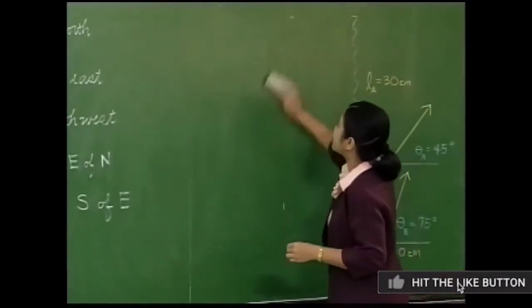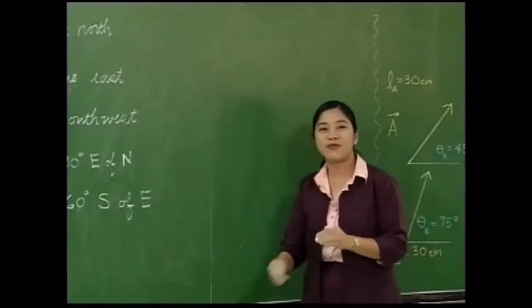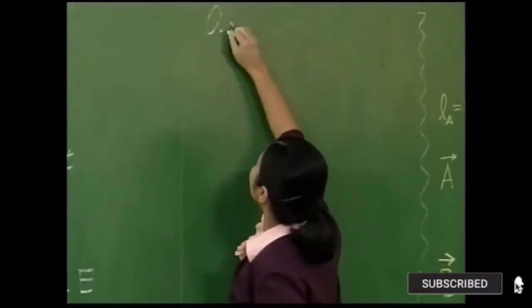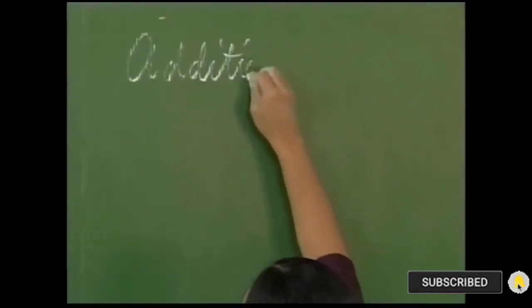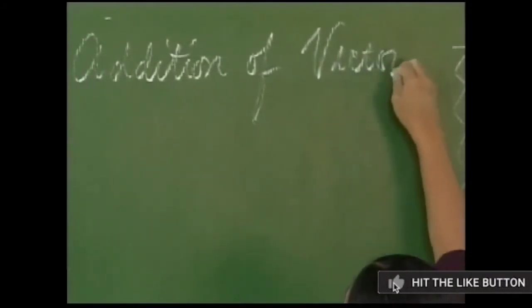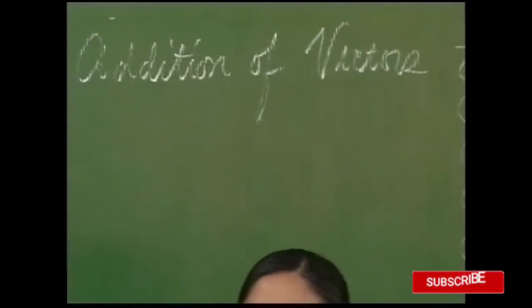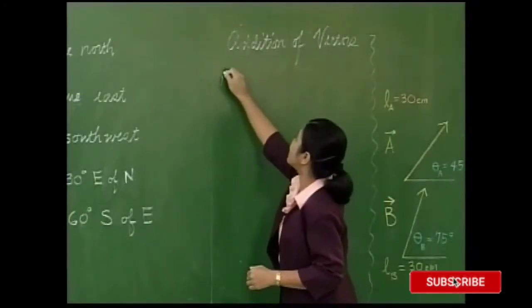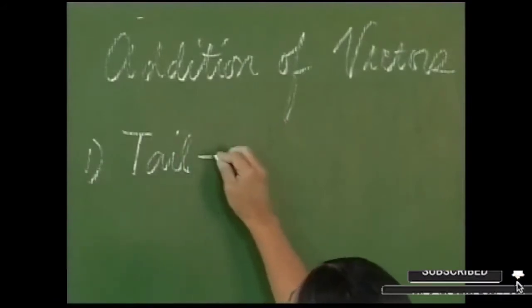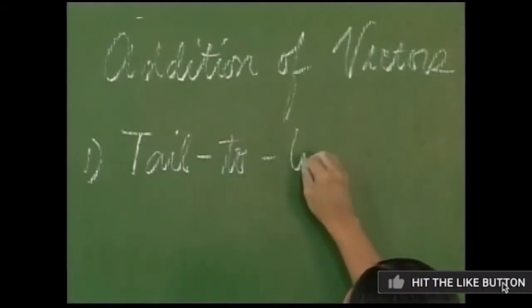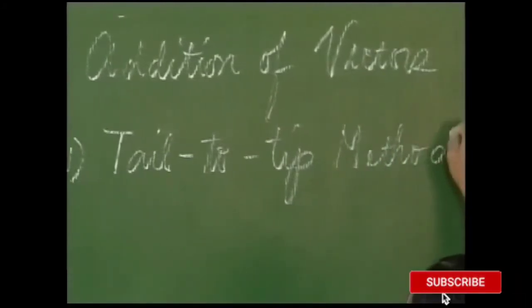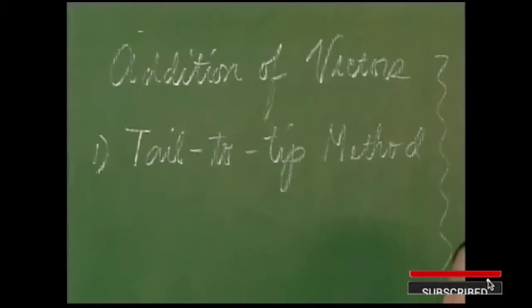There are actually different ways, but for now we will look at the simplest way. So we have addition of vectors. Now for addition of vectors, we have what we call the tail to tip method. Tail to tip method. This is the first method that we will look at, and it's the simplest.